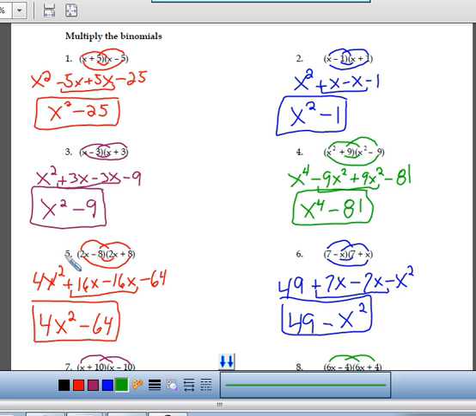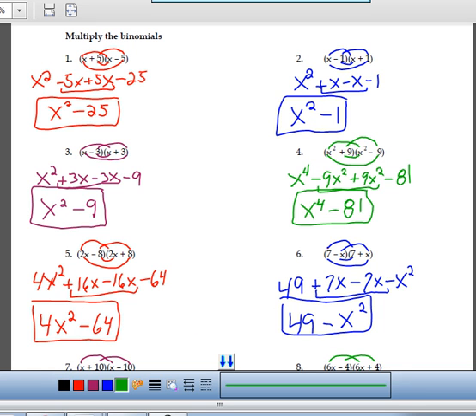I will warn you about number 5. That is one that is designed so you can see what it looks like when there is a coefficient in front of the first term. But that can actually be simplified even further because there is a common factor of 4 for these two terms. But just for this example, I wanted to leave it like that.